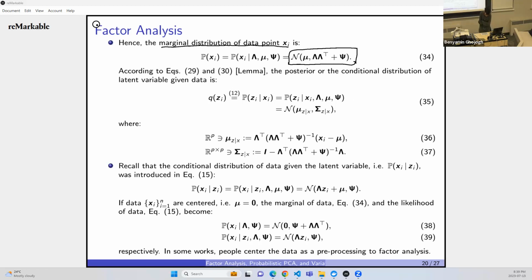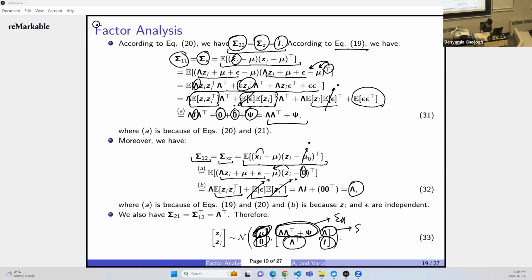Now, according to the lemma that we found, QZI was probability of Zi given Xi, right? And according to the lemma, its parameters are mu of Z given X and sigma of Z given X. According to the lemma, if you put what we found, so these elements, this is sigma 1, 1, this is sigma 1, 2, this is sigma 2, 1, this is sigma 2, 2, this is mu 1, this is mu 2.